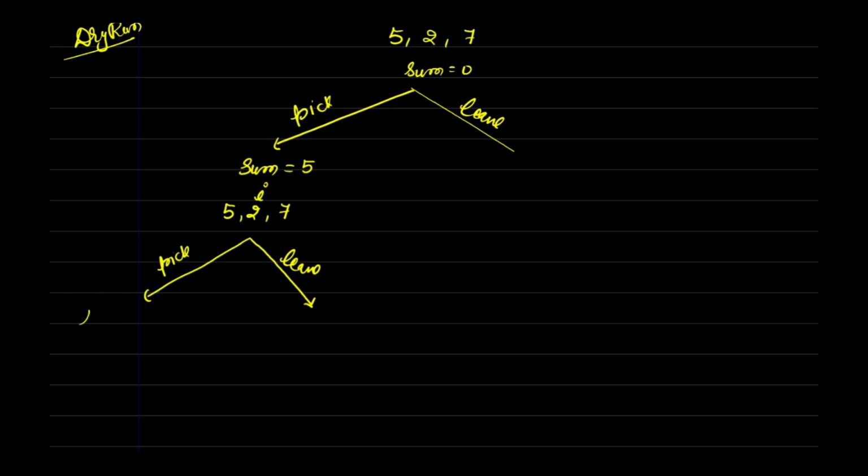If I am picking, then my sum will be 5 plus 2, that is equal to 7. If I am leaving, then my sum will be 5 only, as I am leaving the index element.